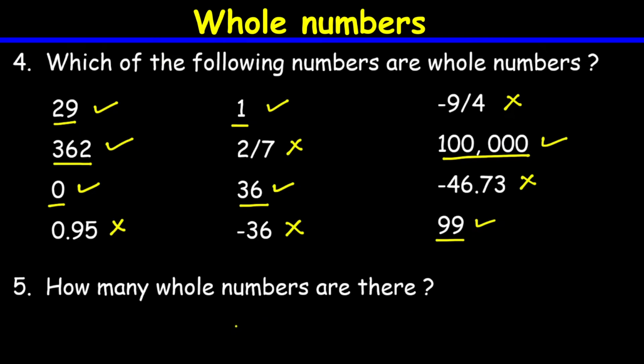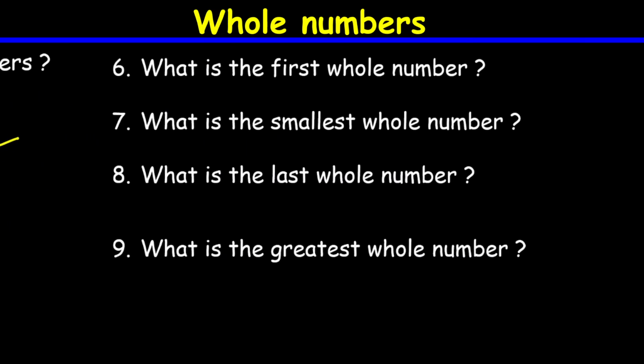We said that whole numbers are 0, 1, 2, 3, 4, 5, and so on. It never ends. Whole numbers are infinite. Therefore, the answer to this question is infinitely many. Whole numbers are infinitely many.